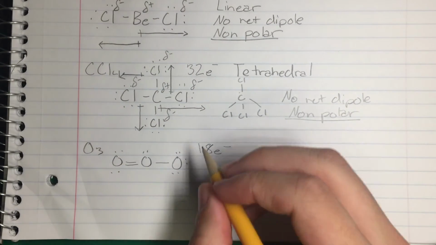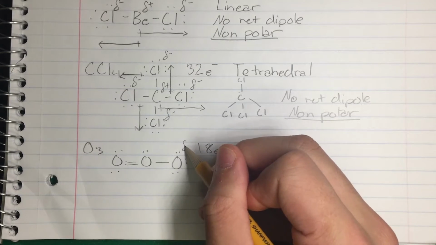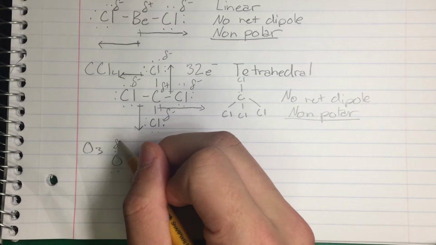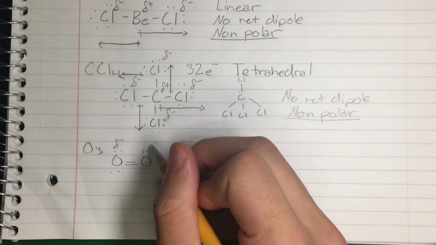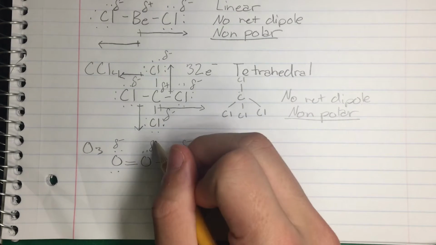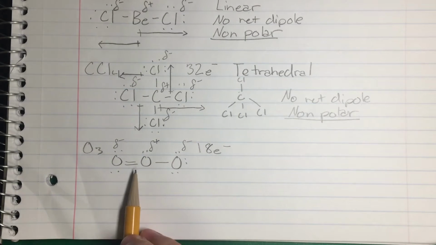Okay, so the outside would be more electronegative in ozone, and this would leave, since this one's negative, the other side has to be positive. So the middle one is positive while the outer two are negative.